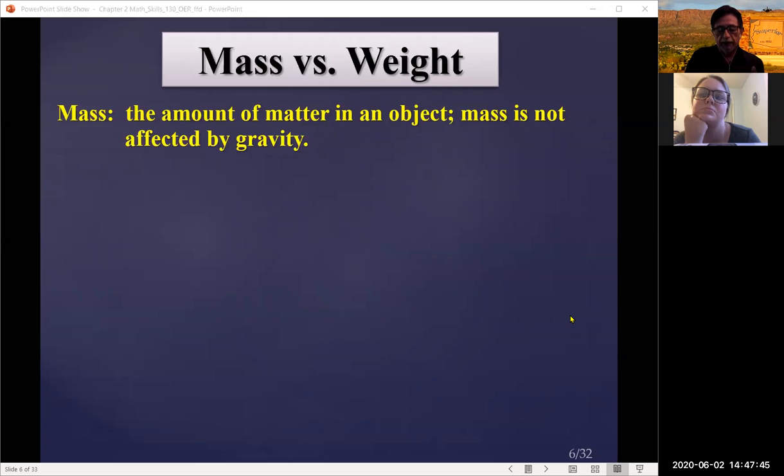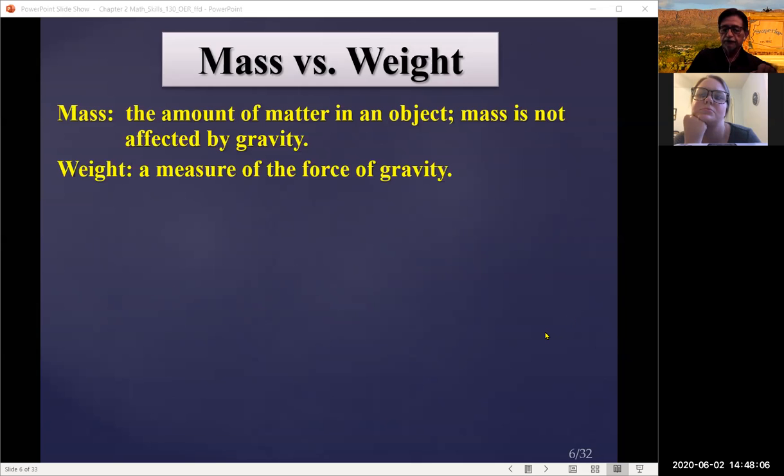You may or may not know this, but if you went to the moon, you would weigh a lot less, approximately 1/6, I believe, because the gravitational force on the moon is much less than on Earth. But the mass that you have here on Earth is the same mass that you take to the moon. Okay, so there's the difference.